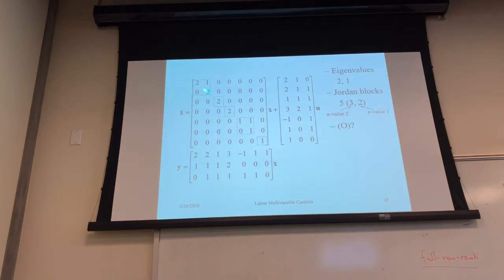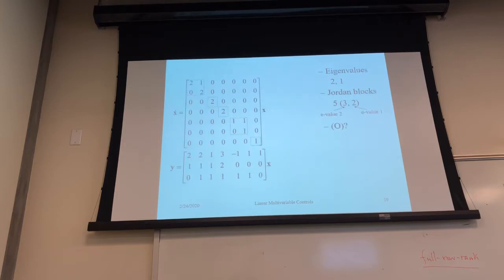So for each Jordan block, we take the first column. So it's 2, 1, 1, then 2, 1, 2, 0, 2, 1, 0, then 1, 1, 1, then the corresponding 3, 2, 1.